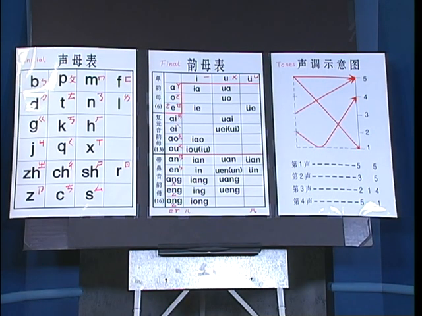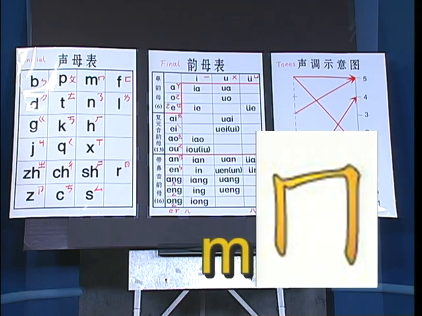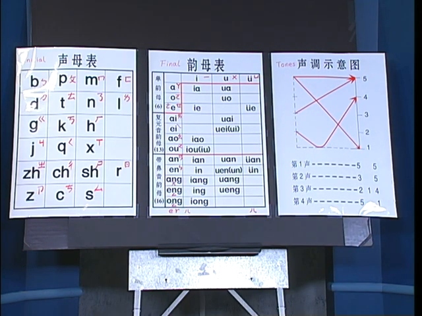Ma is a question mark. It's just like in English, how, where, why, those kinds of question words. Ma is M, the first row, third one. A is on the second chart, the top, looks like a Y. Ma, ma.